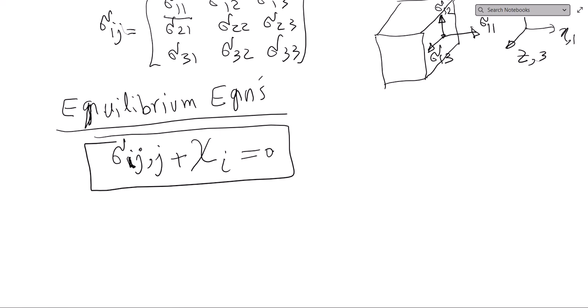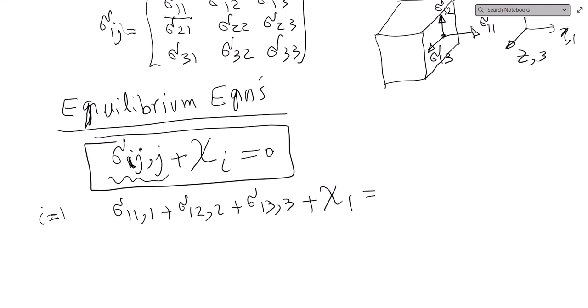How many equations do we have here? Three, for three-dimensional. For example, I will expand this to see. So let's say i is 1, for example, the x component of the equilibrium equation. So this is 1, and j should be summed up because it is a repeated index. Sigma 1,1,1 plus sigma 1,2,2 plus sigma 1,3,3 plus b_1 equal to 0. But what is this?